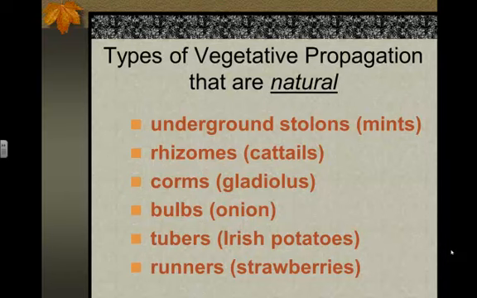The Irish potatoes have the tubers. And runners, you may be familiar with the runners on strawberries, and I think we also talked about this in class, the spider plant that I have. All those little plantlets are at the end of a runner. How did they form? All by mitosis. So here's some examples illustrating each one of these vegetative propagations that are natural.